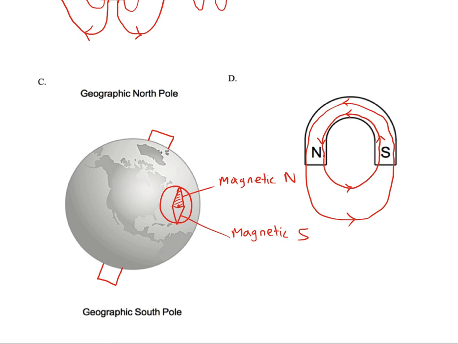In the same way that negative charges are attracted to positive charges, magnetic norths are going to be attracted to magnetic souths. That means the pole which is at the top of the Earth here is actually a magnetic south. And the opposite pole is a magnetic north.